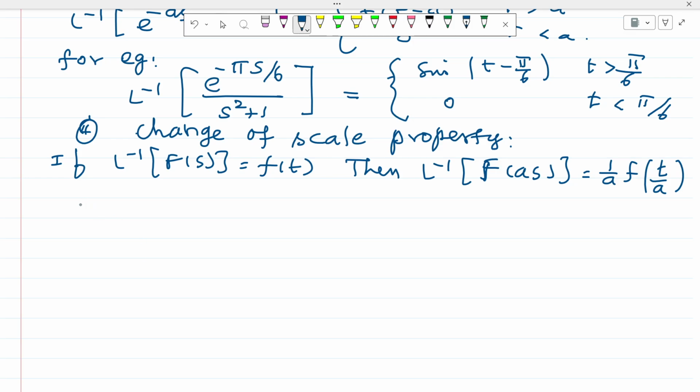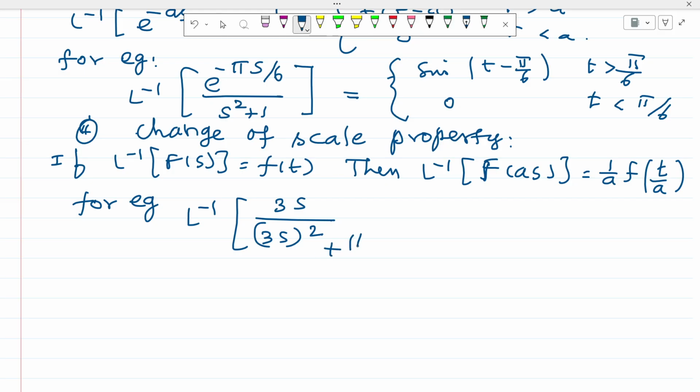For example, L inverse of 3s divided by 3s whole square plus 16. Okay, listen, see that it is L inverse of f of as, where as is 3s.